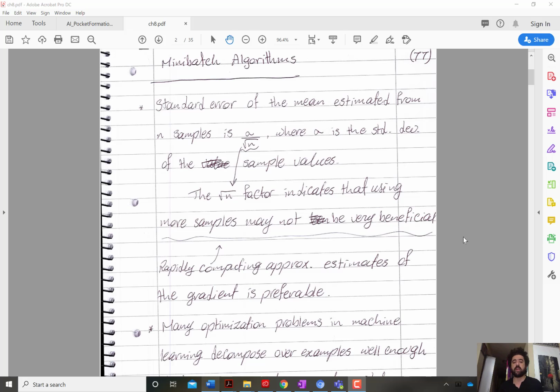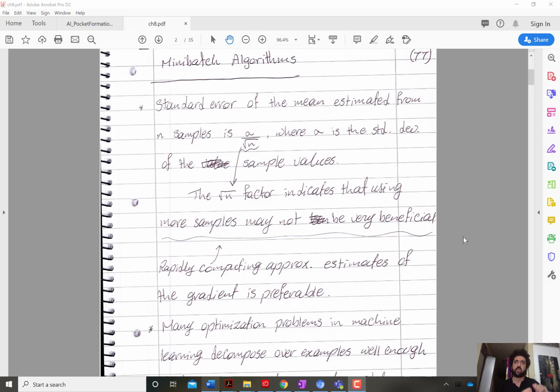That's why having n very large may not be very beneficial, because a small n can give me a similar error. The standard error is typically used to measure how much my estimate would vary based on different groups of examples. This variation in the estimate would decrease, but you would not gain much by increasing the size significantly.